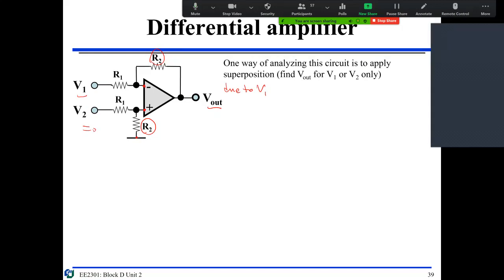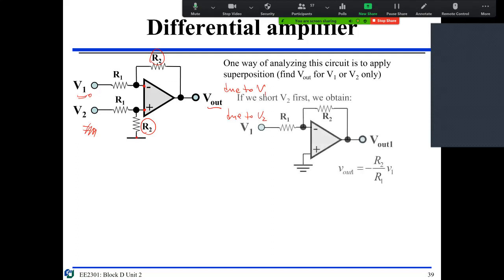Then we set V1 to 0 and V2 not 0, and we get a V out due to V2. Then you add these two together when V1 and V2 are not 0. That's called the superposition principle. So let's short V2 first, meaning I set V2 to 0. When V2 is 0, what's going to happen?